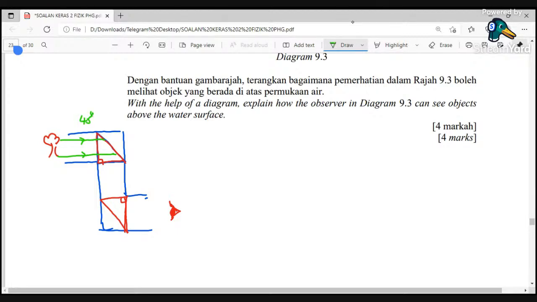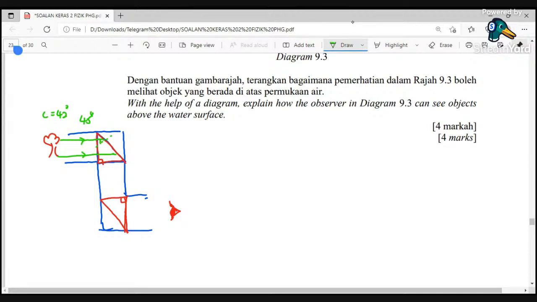So bila 45, angle dekat sini, kalau ini adalah 45, angle di sini adalah 45. Critical angle untuk prism biasanya lebih kurang 42. Okay. So kalau dia 45 sini, the angle of incident larger than critical angle.